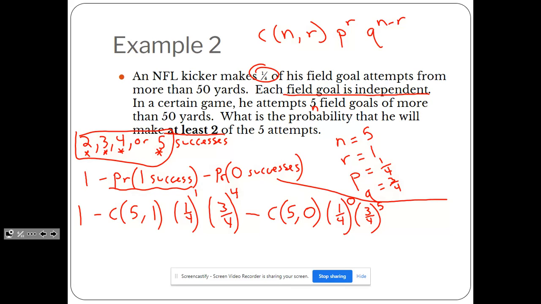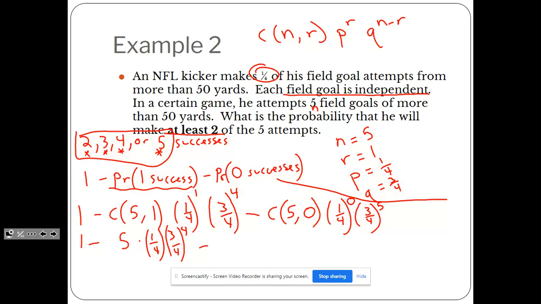Okay, and then we just have to work out the formula. So 5 choose 1 is 5. All right, 1/4 to the 1, 3/4 to the 4. All right, obviously some of these are going to be a little bit larger. I'm just going to write it out like this.